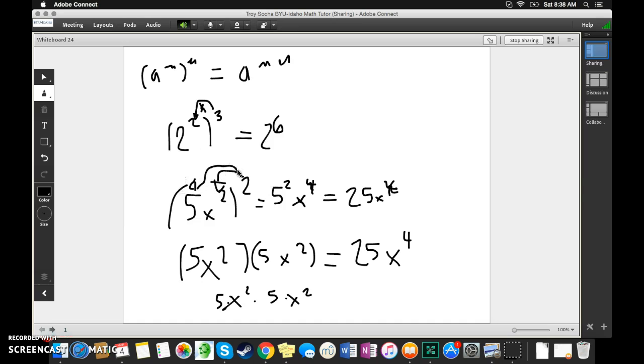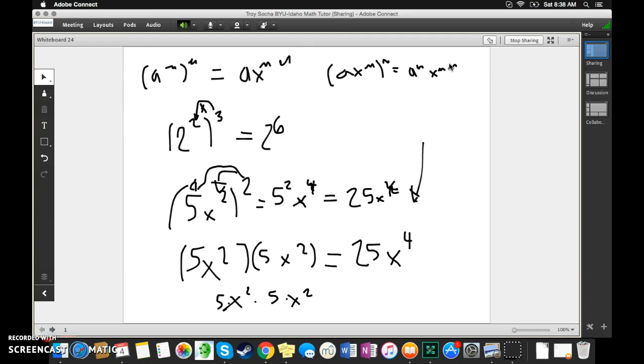That's what you need to remember: if you have more than one term, so if we say we have a x to the m, and we're raising that to the n, it equals a to the n, x to the m n. And that's what we did down here. We took and distributed our exponent.